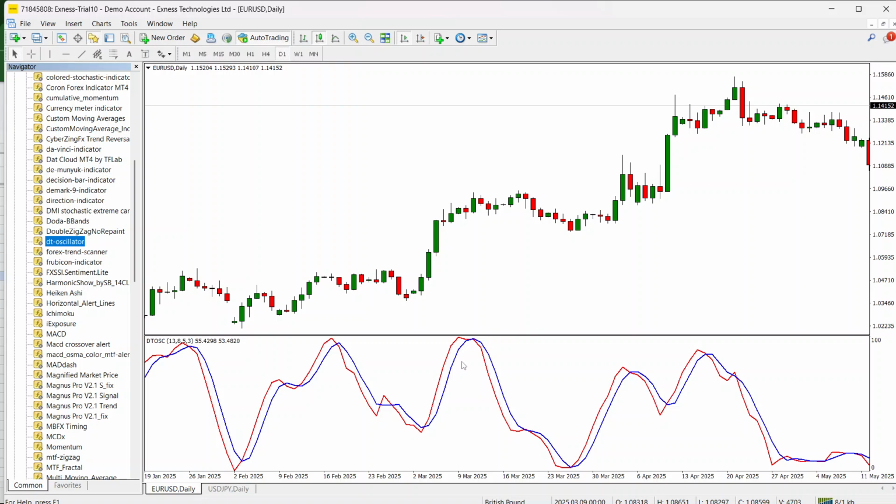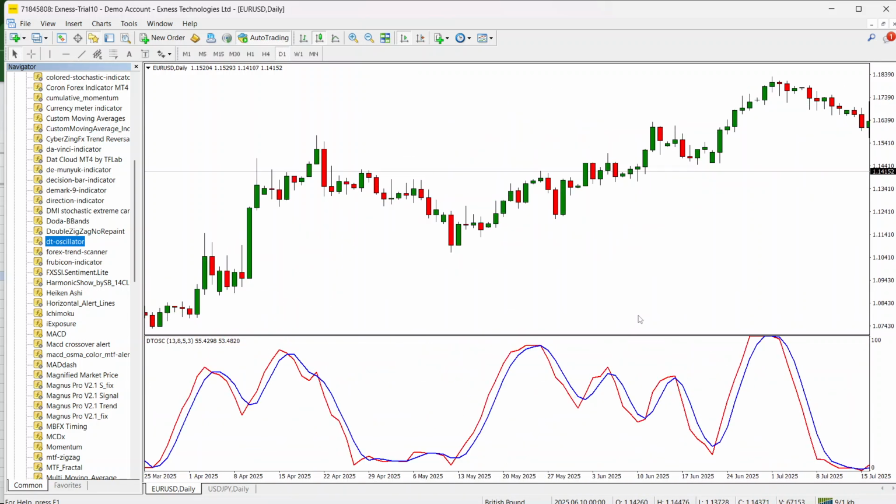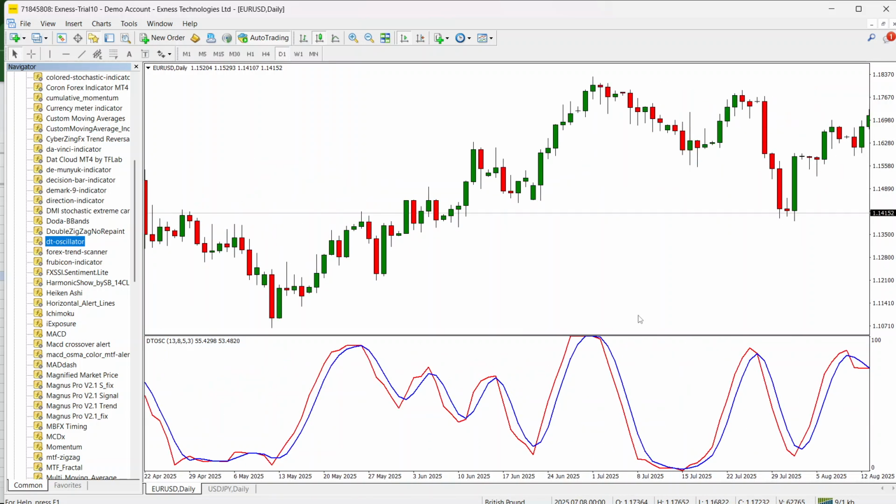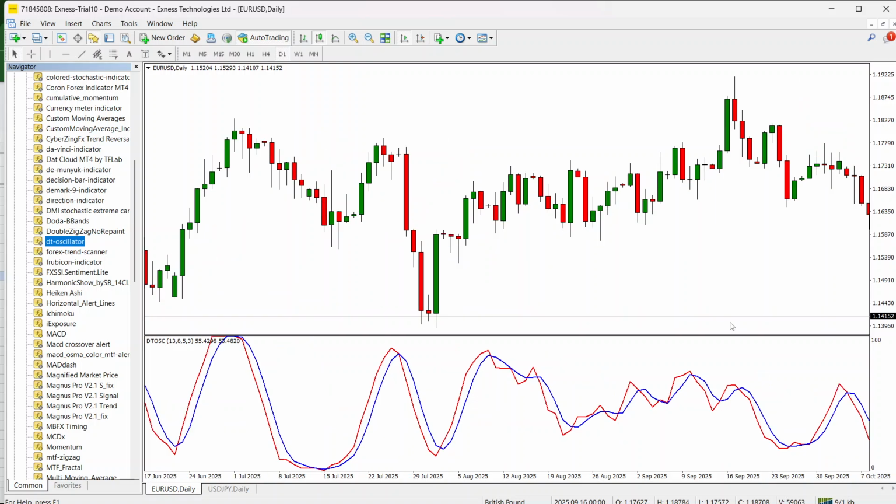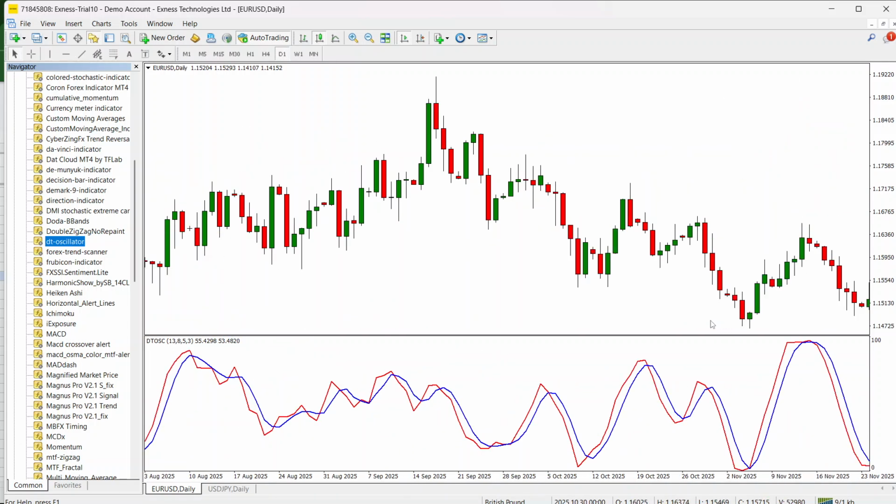As you can see here, when the red line crosses above the blue line, indicating bullish momentum, and when the stochastic crosses below the RSI, it signals a bearish crossover and suggests negative momentum, as we can see here. These crossovers are the primary signals to watch out for.